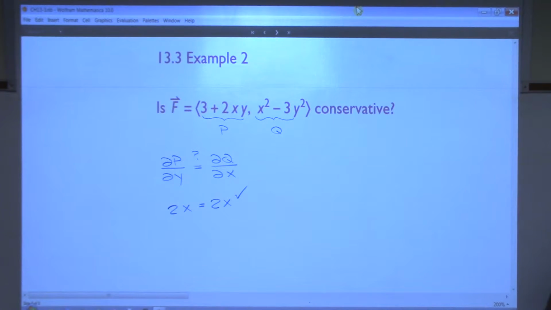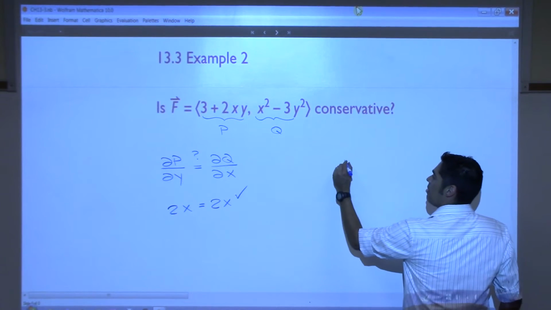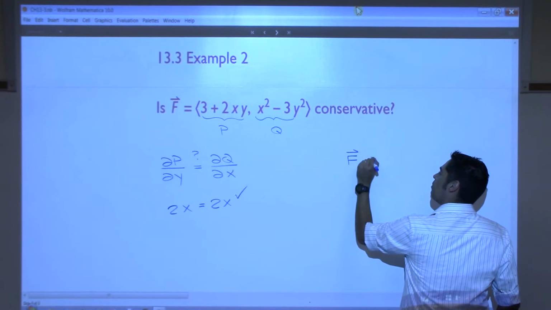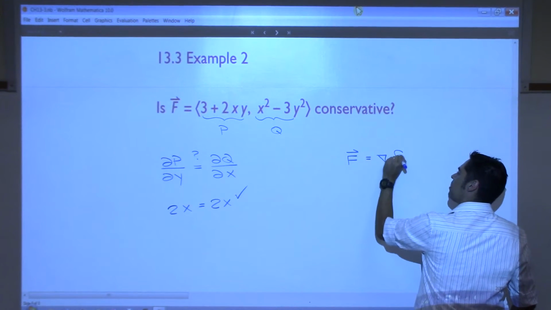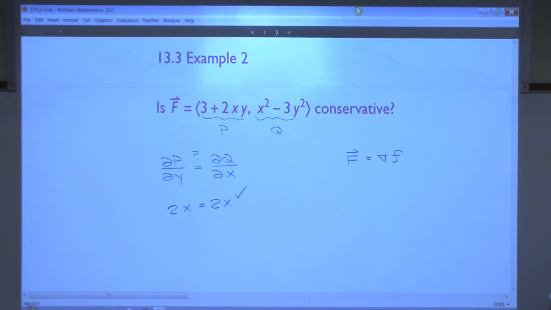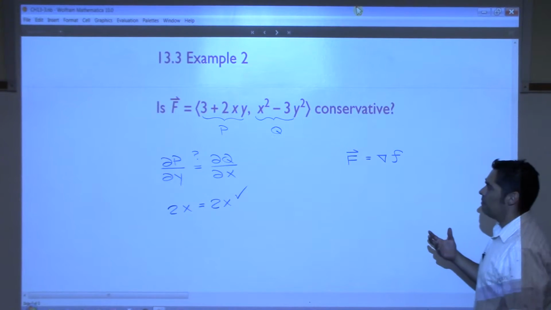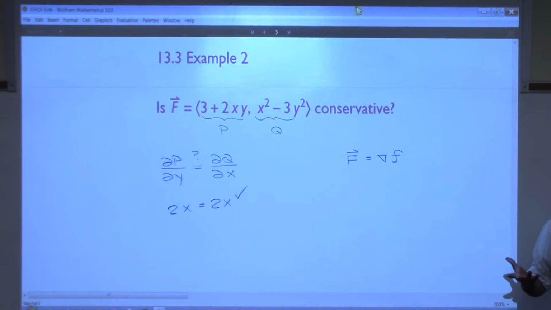But that means that F is equal to the gradient of some scalar function. Guaranteed. What don't we know, though? What is that scalar function? Do you think it's useful to have what the scalar function is?